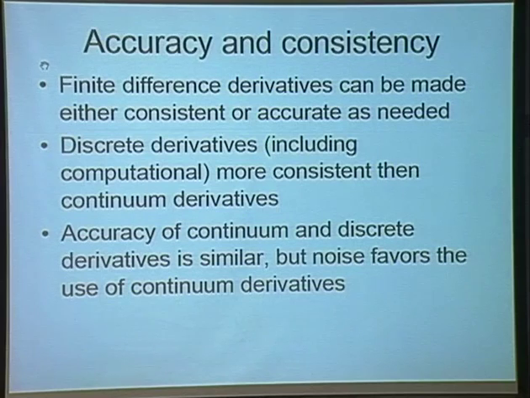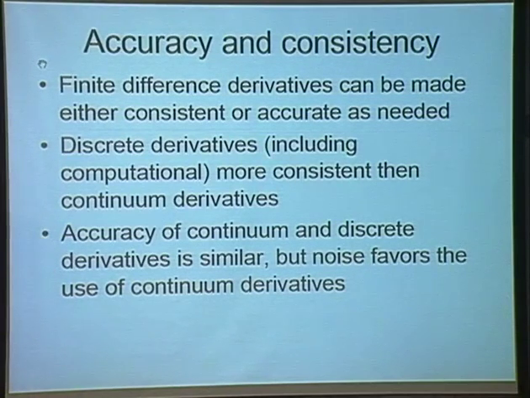So when you look at the type of problems that people solve, for problems that involve changing sizes only, they are sometimes called sizing problems, like designing the cross-sectional areas of trusses or beams, or the thicknesses of plates or shells, people will overwhelmingly use discrete derivatives.